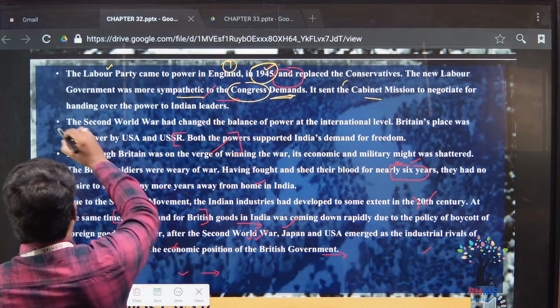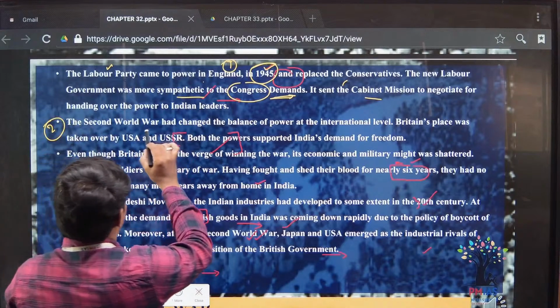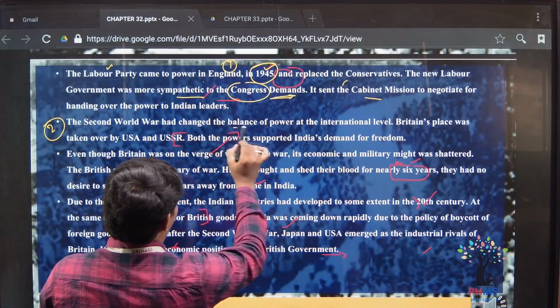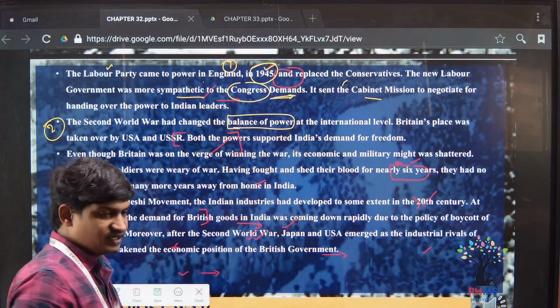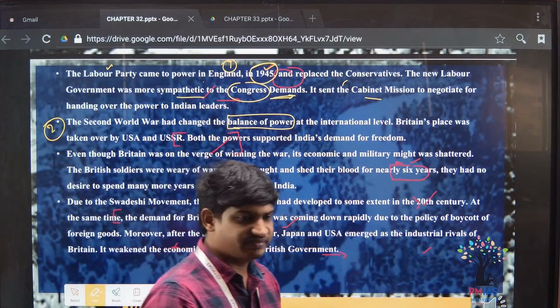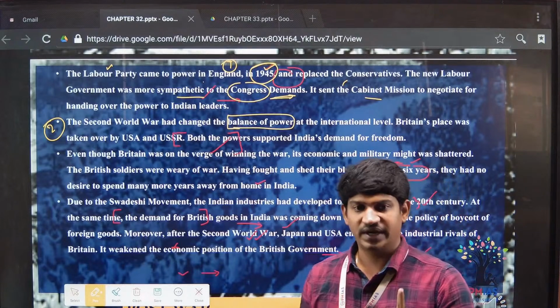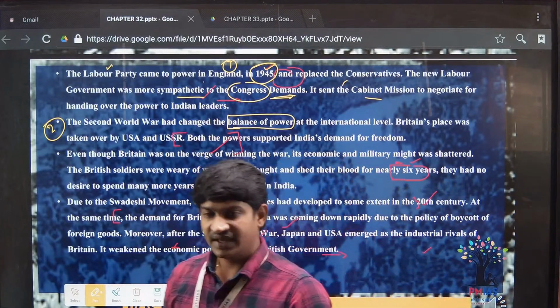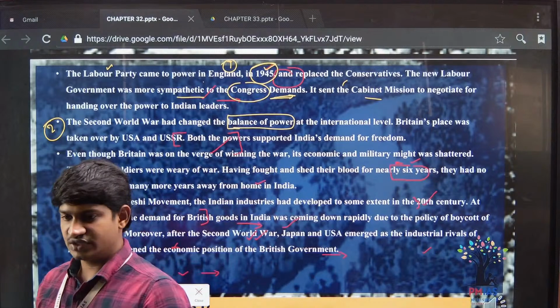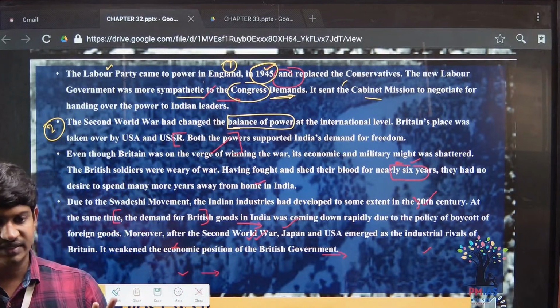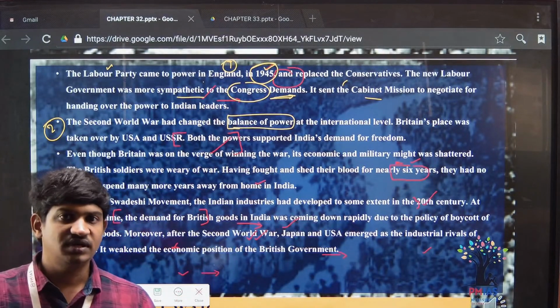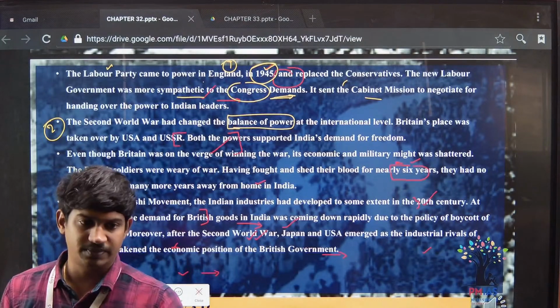Secondly, post World War II, there was a change in the balance of power. Before that, in world politics it was a unipolar world, with only one superpower. After the Second World War it changed into two superpowers. From a unipolar world we entered into a bipolar world.